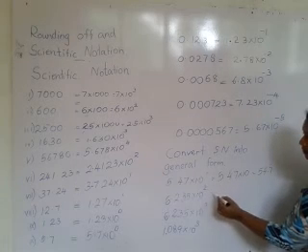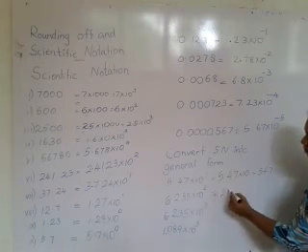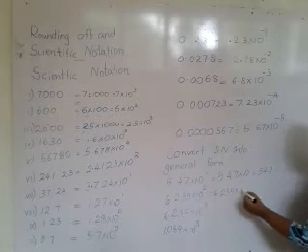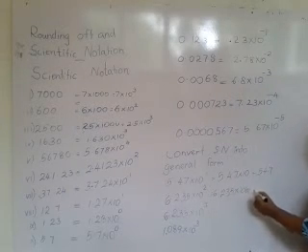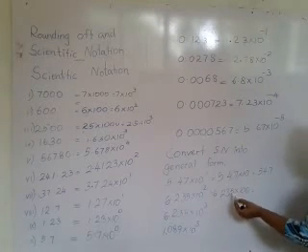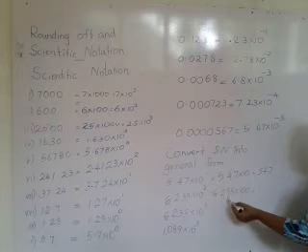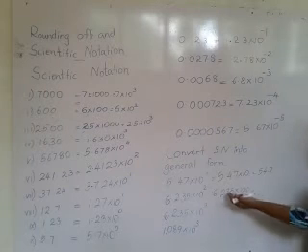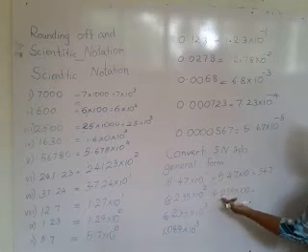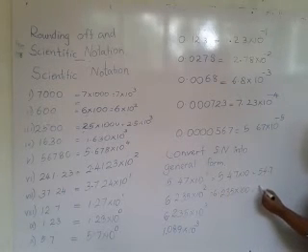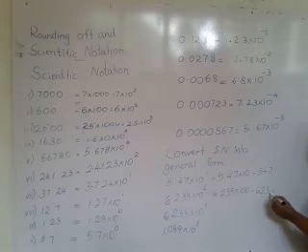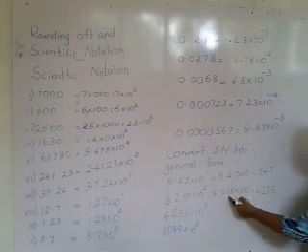Next, here 6.235 multiplied by 10 to the power 2 means multiplied by 100. Multiply by 100 means move the decimal twice. Then actually 6 times 100 is 600, no? So it should be 600 something. So it is 623.5.